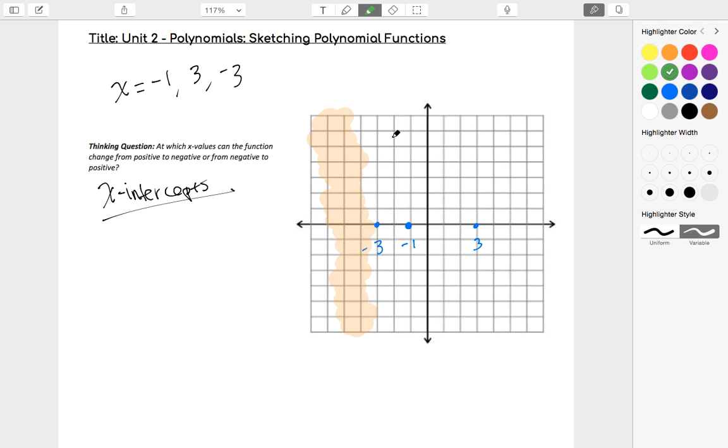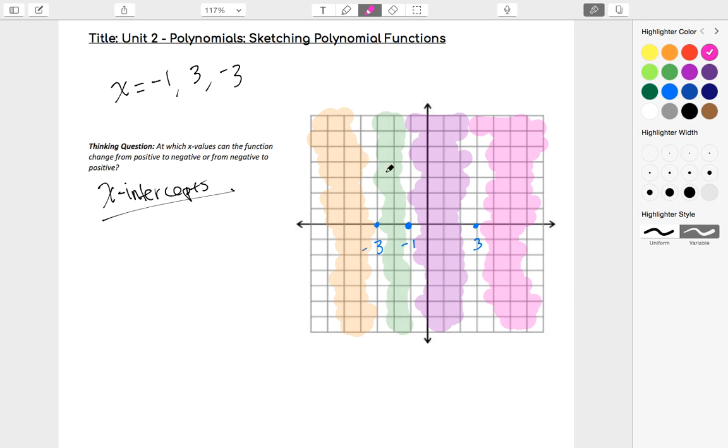We have another interval between -3 and -1, so kind of like right here, roughly. And then we have another interval between -1 and 3. And then we have another interval beyond +3.